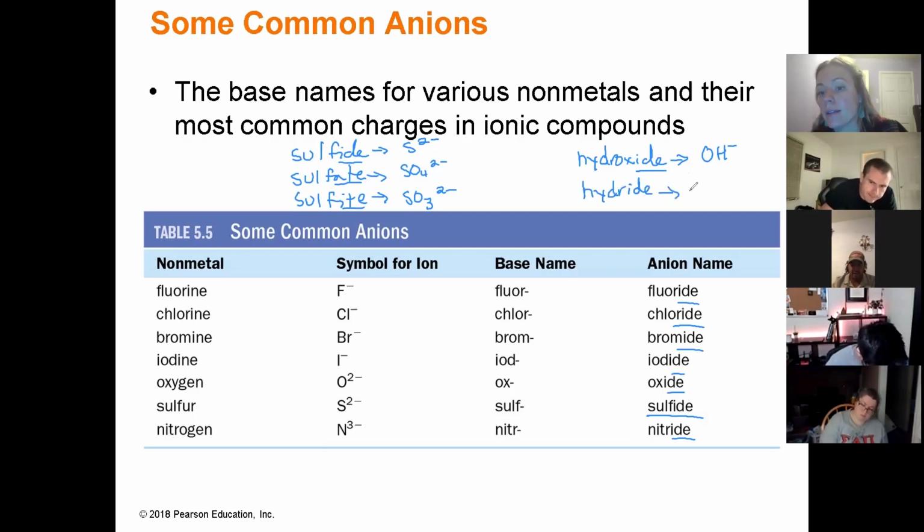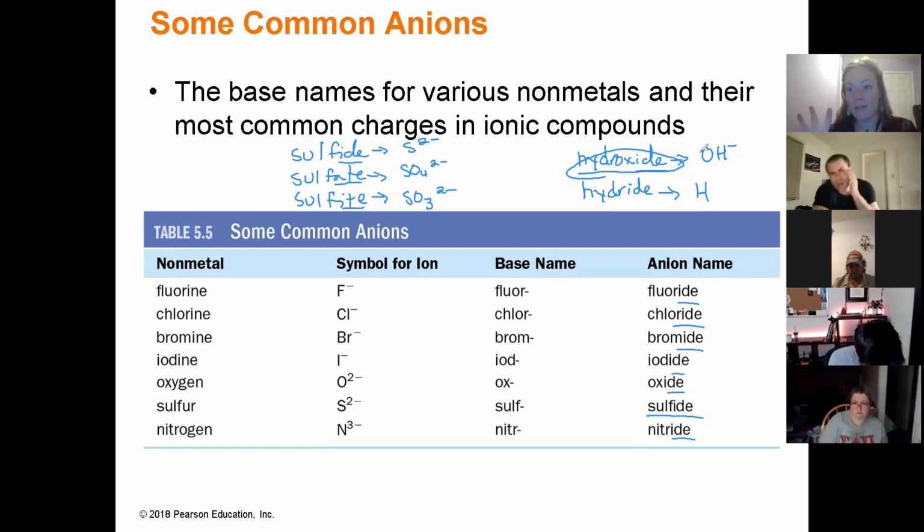Okay, that is hydrogen on its own. So just know, and this guy pops up all the time, hydroxide, we're talking about OH-. There's so many little details with naming. The best thing I can say is practice, practice, practice to mastery. Really how we're going to get it.